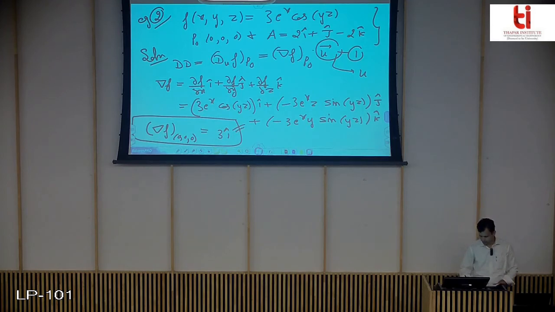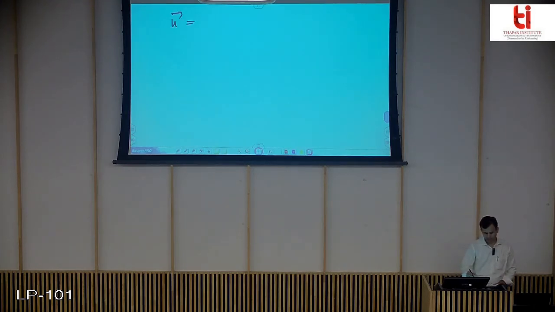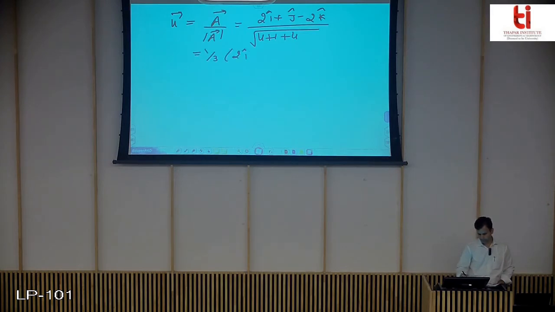Also the other thing you need to find is u, that is the vector upon its magnitude, that is 2i plus j minus 2k over the square root of 4 plus 1 plus 4, so 1 by 3 times 2i plus j minus 2k.